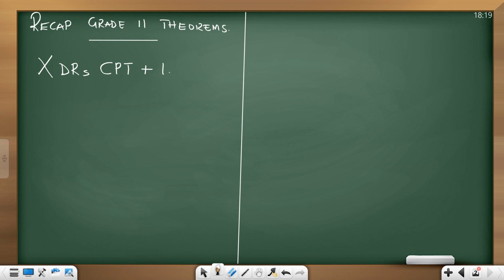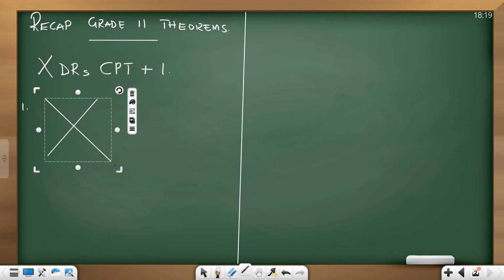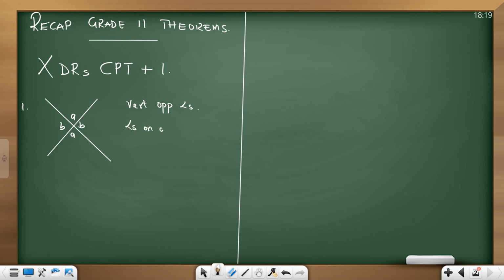Quickly, I'm going to look at each letter. Number 1, the X. I'm going to touch every single theorem. When I see an X, two things come to mind: vertically opposite angles, and I can also use angles on a straight line.